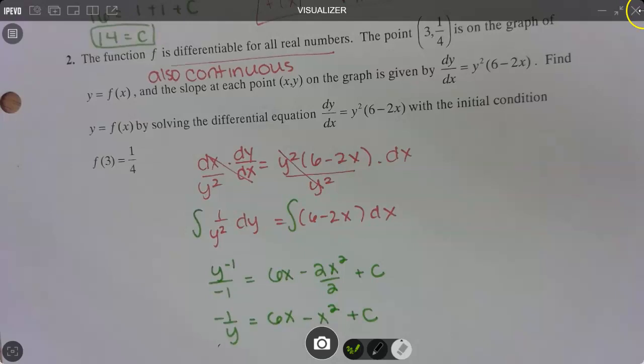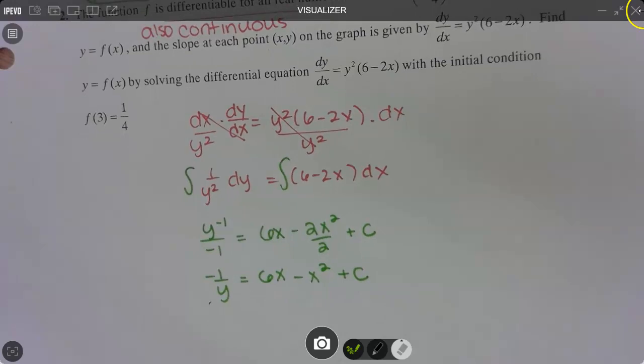So I get -1 over y equals 6x minus x squared plus c.